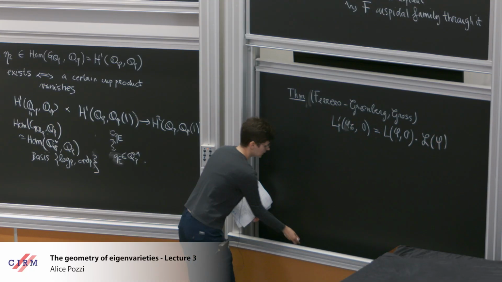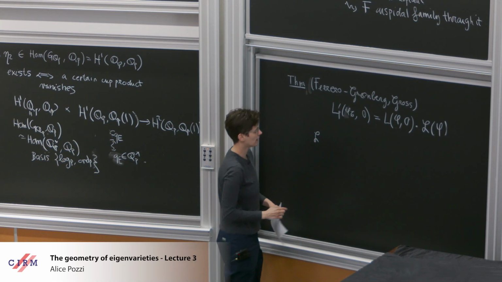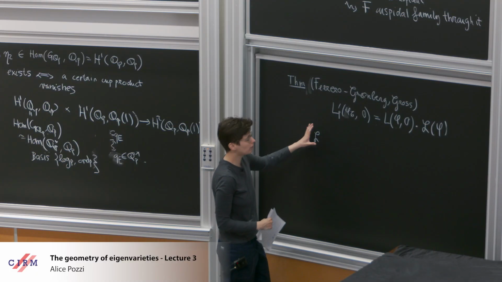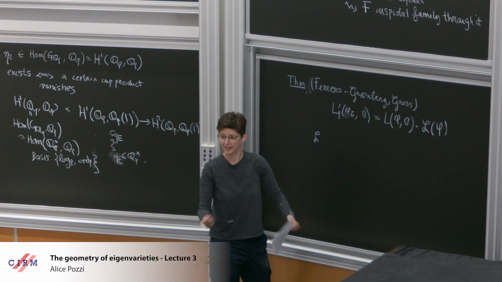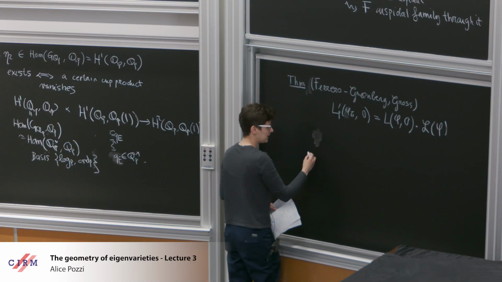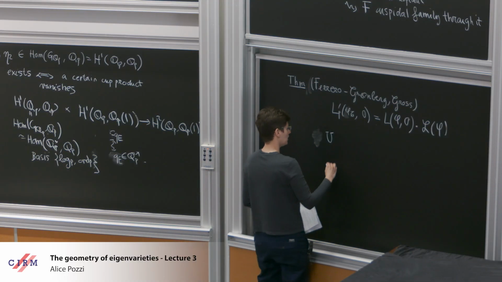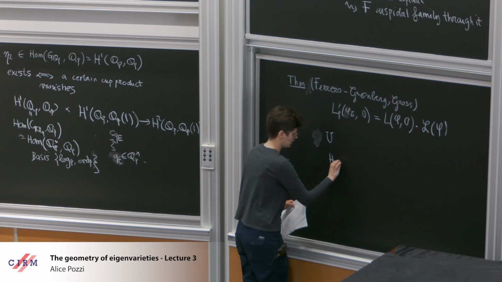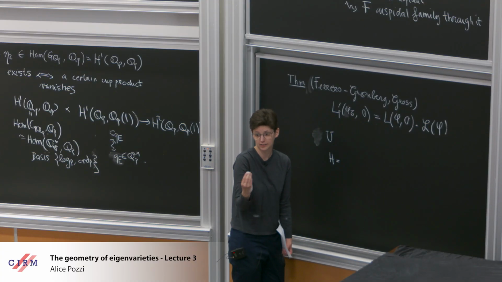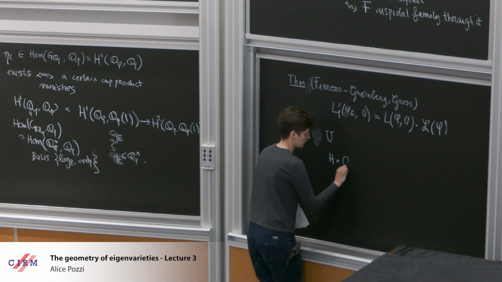This L invariant is defined, similar to before, using logs and ords to normalize a certain quantity. The quantity that appears is a p-unit. So I'm going to consider H, the number field that is cut out by the character phi, if I view this as a Galois character.